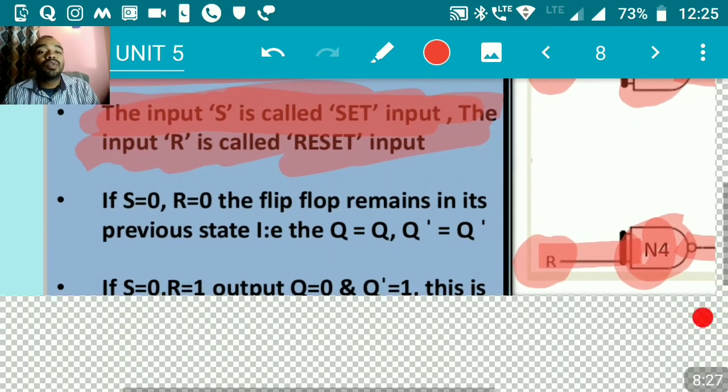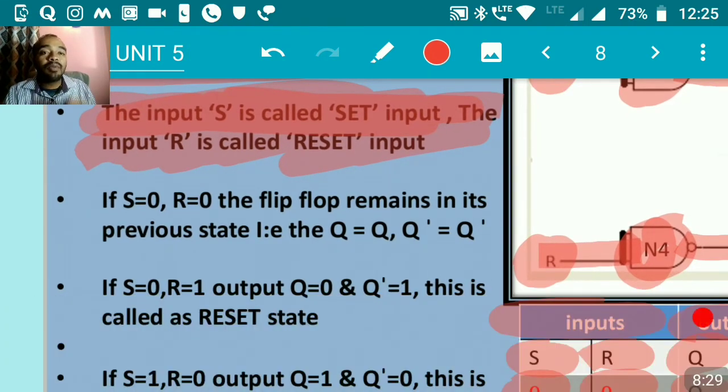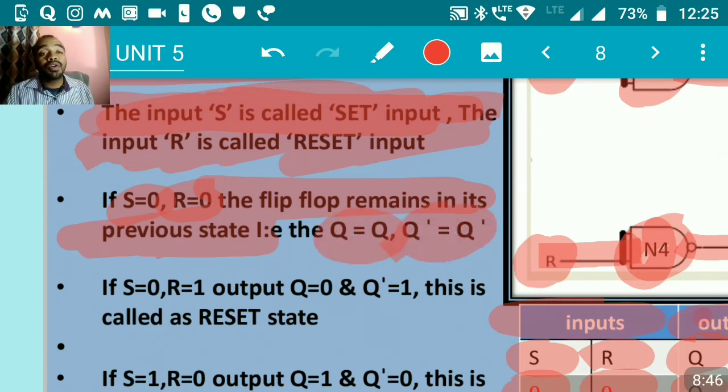Then let us try to understand the working. So how shall we write the working using the truth table? If S is equal to 0 and R is equal to 0, the flip-flop remains in its previous state, giving you the output Q equal to Q and Q bar equal to Q bar. This is the first point.